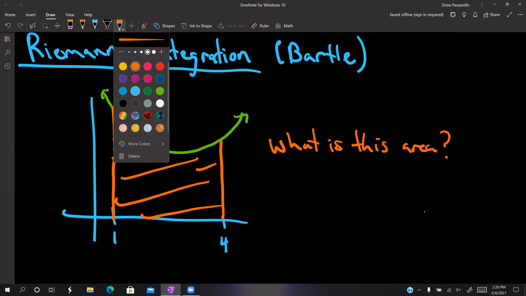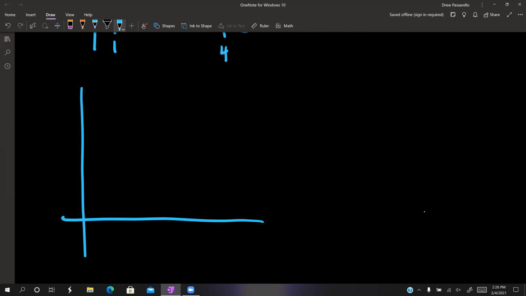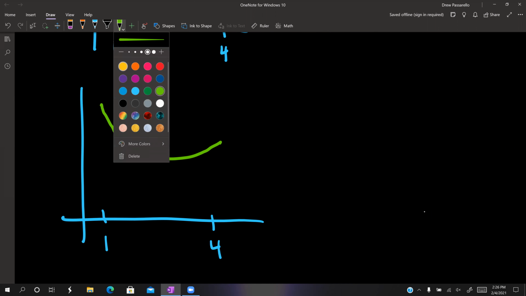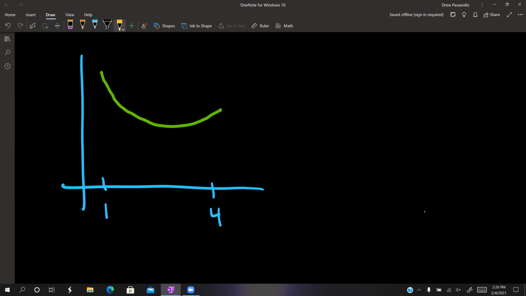All right, and Riemann decided that you can approximate this area using rectangles. You can slice up the overall interval into subintervals. So let's say I partition the interval 1 to 4 as follows.